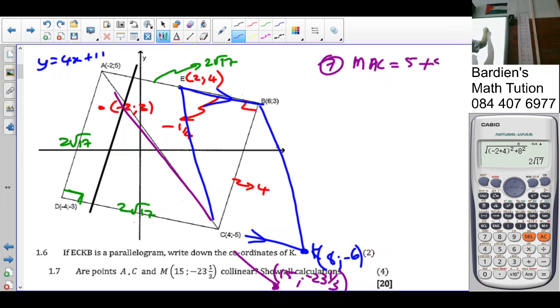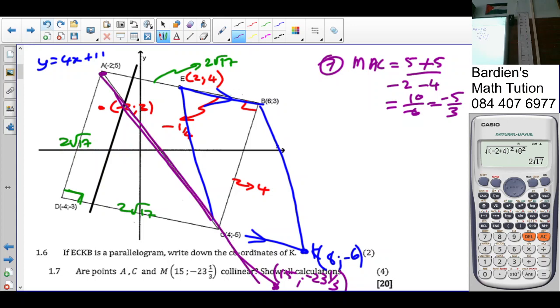minus negative 5 over negative 2 minus 4. That will be 10 over negative 6, which is negative 5 over 3. So that is the gradient from there to there. Now if the gradient from A to M is the same as the gradient of AC, then they are collinear.